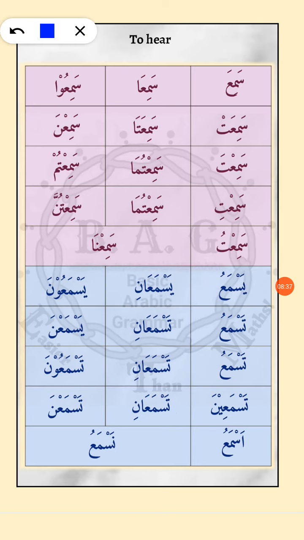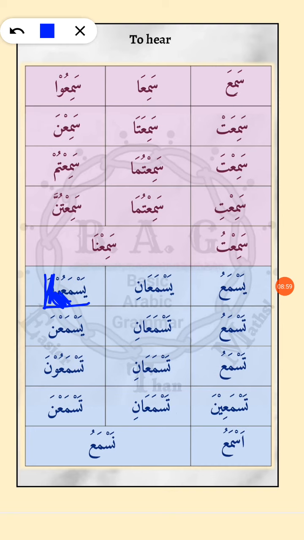Then you have yasma'u. I gave you the word yasma'una. So what did you do? You simply removed its suffix, or the second add-on. The second add-on was this una, this wow and noon. And then ta-da, you've got this.